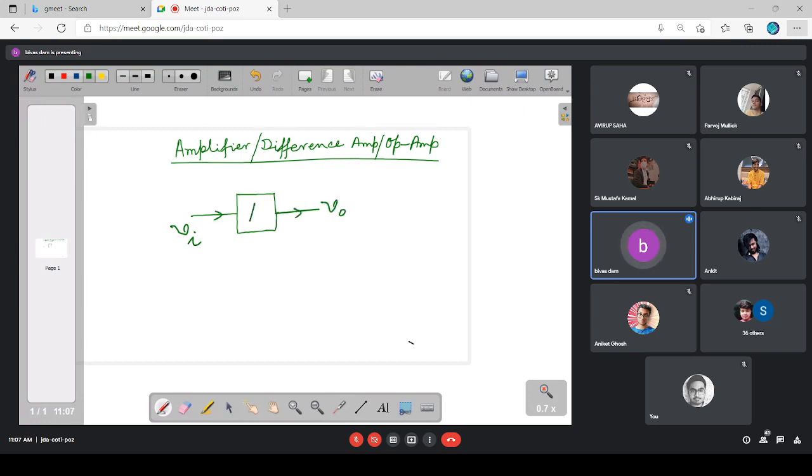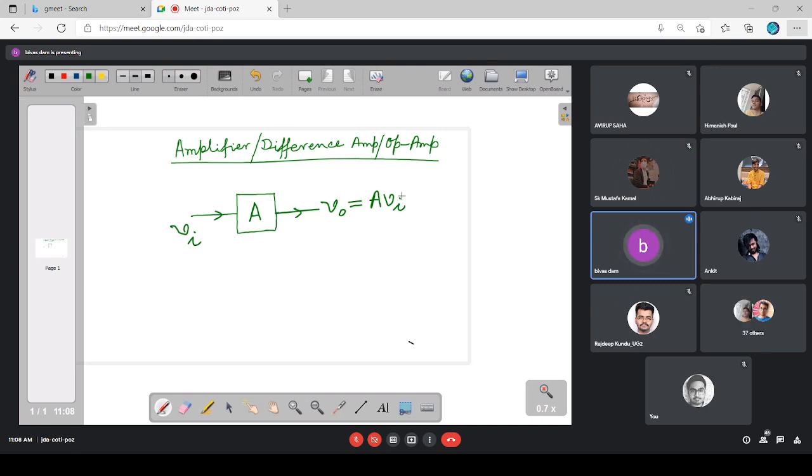Let the gain of the amplifier be A. So what will be your V naught? It will be nothing but A times Vi. Is it not? Yes, sir.